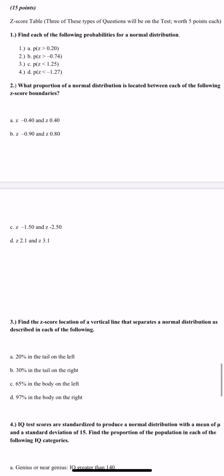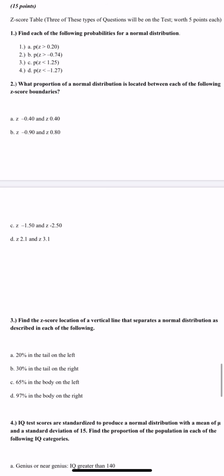C, a negative 1.5 and a negative 2.5. All right, so they're both falling on the same side of the distribution. So we know we have to take the smaller proportion value of column D and subtract it from the larger, right? So the larger z-score will have the larger, and the smaller z-score will have the smaller.